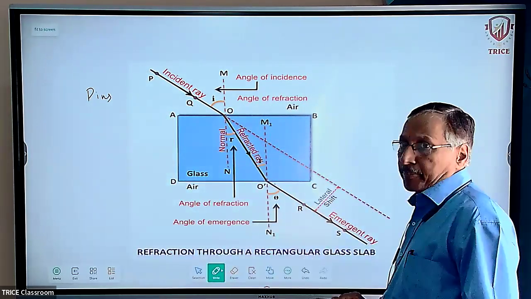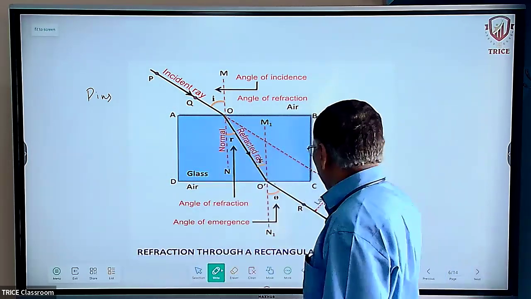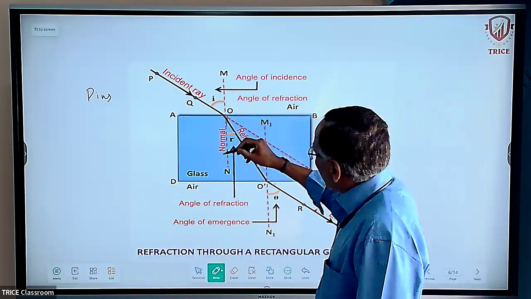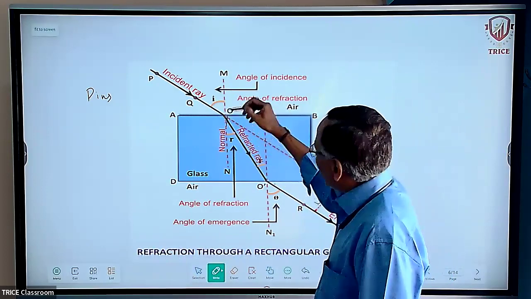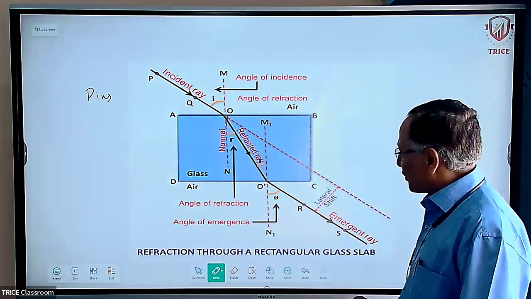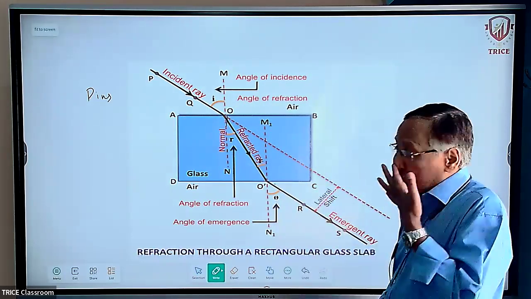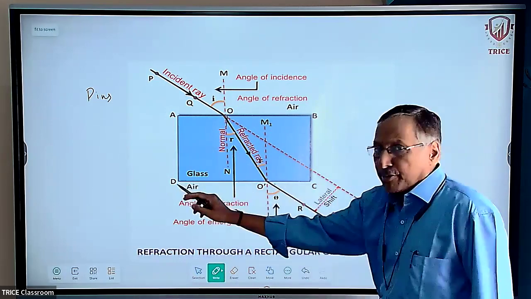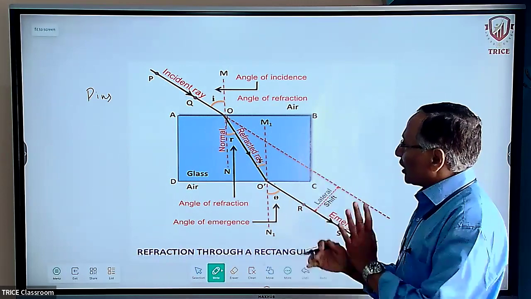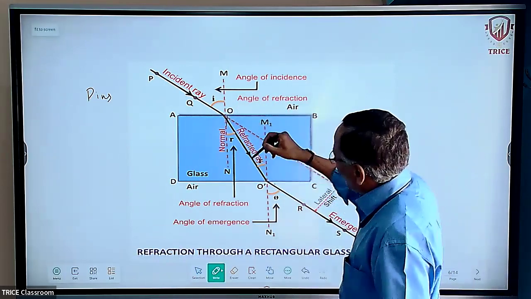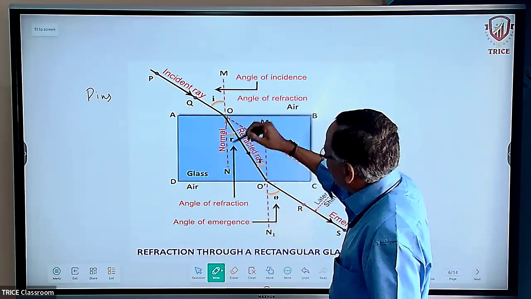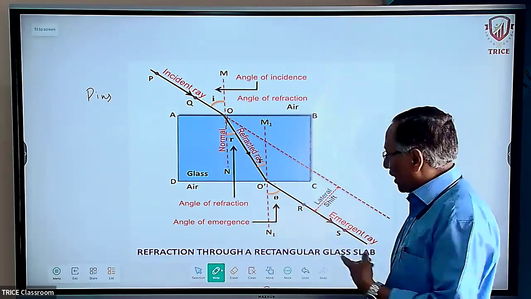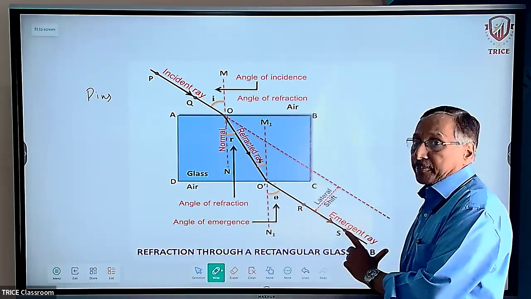Remove the glass slab. You can mark the edges as A, B, C, D. Draw a perpendicular passing through this light ray at the AB surface. Draw another perpendicular so that it passes through a point on the face CD. Remove this and join the two points where the normal is intersecting the incident ray and the other ray which is coming out of the glass slab, which we call the emergent ray.